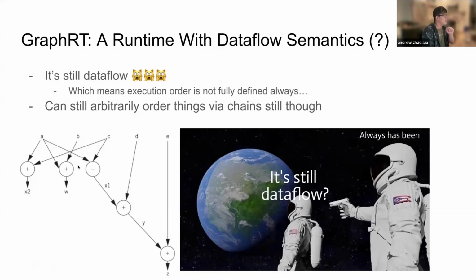The moment A, B, and C are available, the ordering you run these sets of additions and subtractions is not actually defined. There's no strong opinion semantically from the executor about how to do this. And this is really fascinating because the fact that it's still data flow is something that usually disappears at a certain point, but throughout our entire stack, it still remains this way.